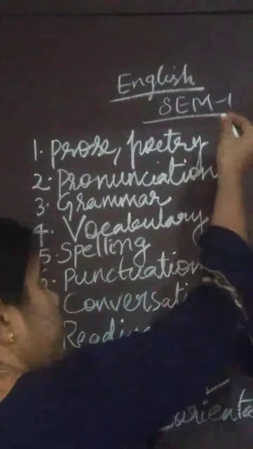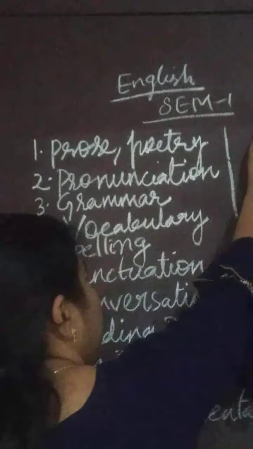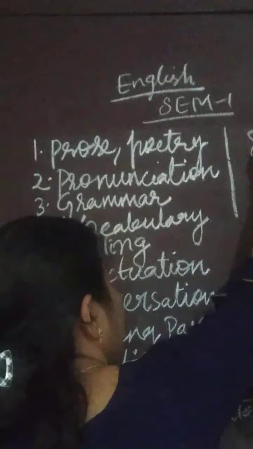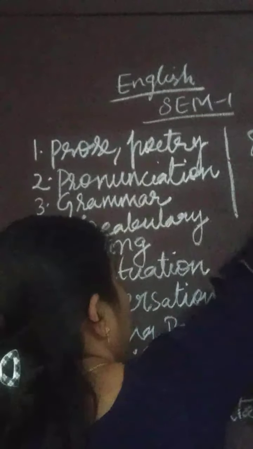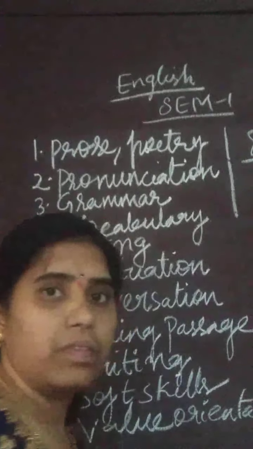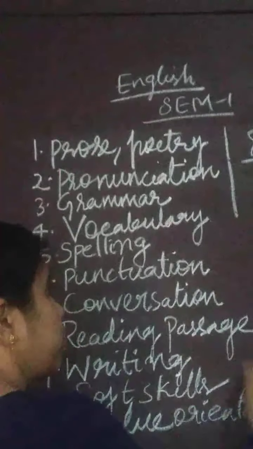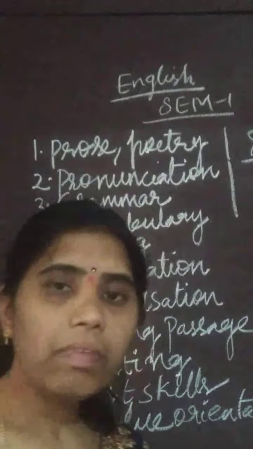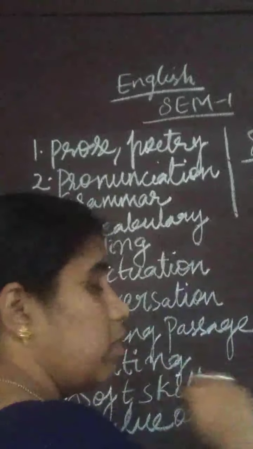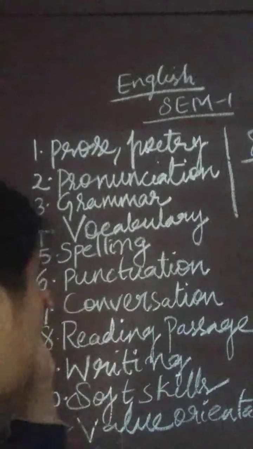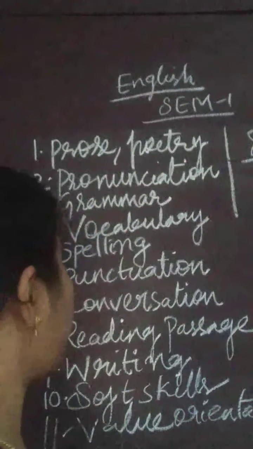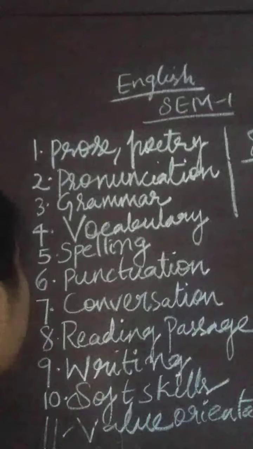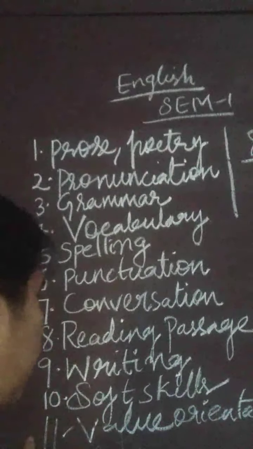In total you are going to have an 80 marks question paper. Part A, you are going to get questions from these 11, from pronunciation to value orientation.